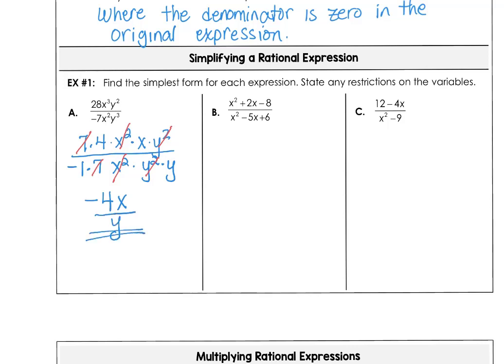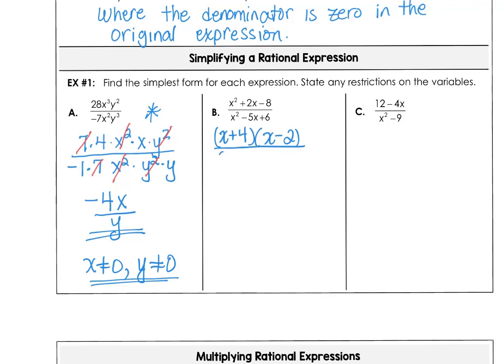So this is simplest form, but back to the original problem, we want to look up here. X squared can't be 0, so x can't be 0. And y cubed can't be 0, which means y can't be 0. So those are our 2 restrictions on that expression. In part B, factors of -8 that add up to +2 would be +4 and -2.